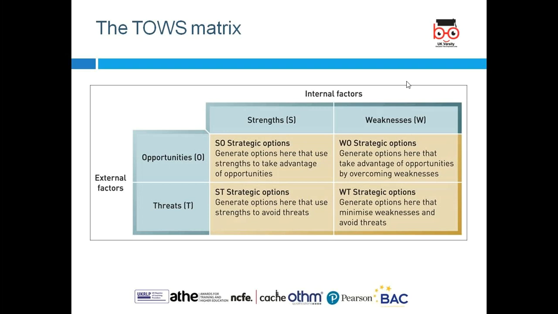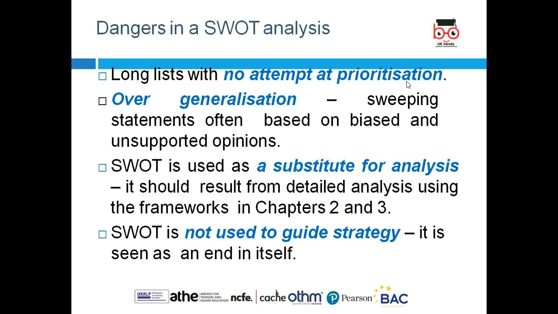WO strategic options take advantage of opportunities by overcoming the weaknesses. ST strategic options use the strengths to avoid the threats. WT options minimize the weaknesses and avoid threats. That model can be used for internal factors.